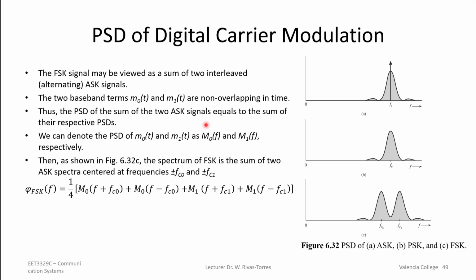Because they're at different frequencies, you end up with a power spectral density that looks something like this. Notice that you now have two distinct frequencies, your FC0 and your FC1. So what ends up happening for FSK is you end up with two humps, if you will, or two peaks in the frequency domain.